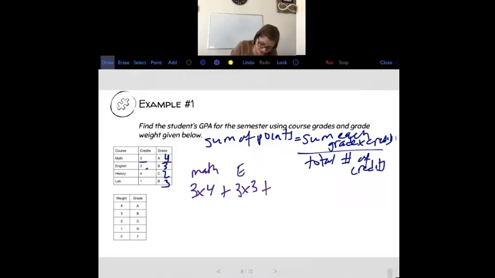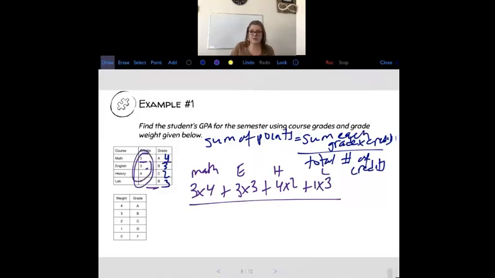We add that to 4 times 2, which is for history. And then we add that to 1 times 3, which is for lab, divided by the total number of credits. For the total number of credits, we're adding up the total. It's almost like if you take 12 credits a semester or 15, that would be your total number of credits. So this is 11.